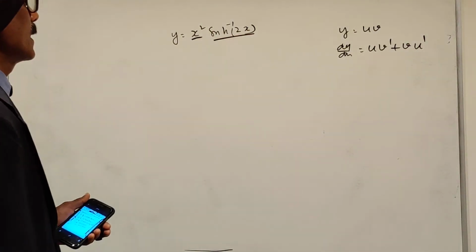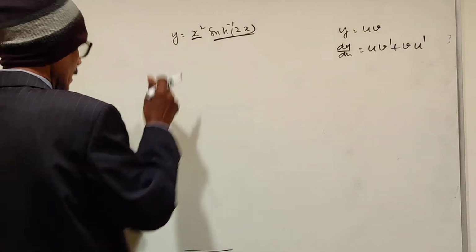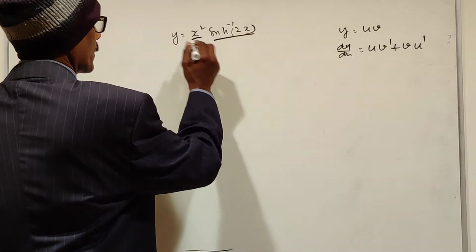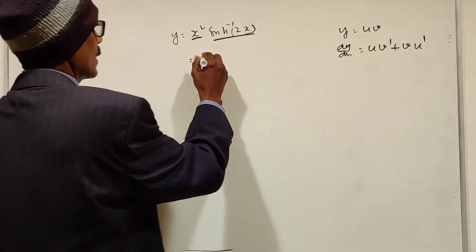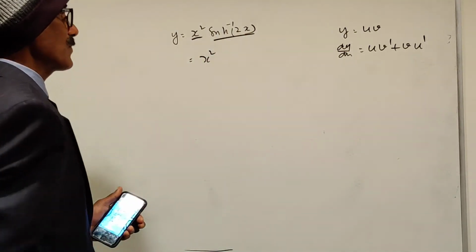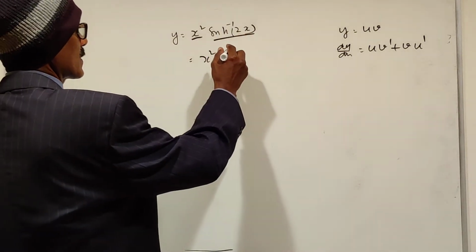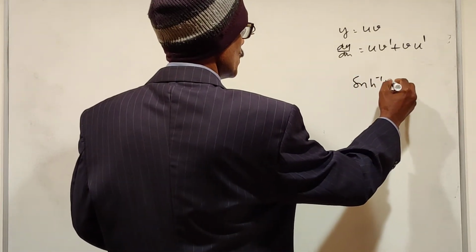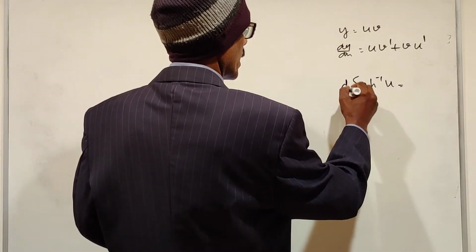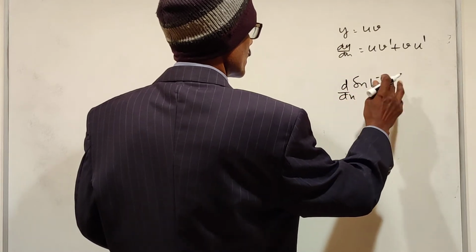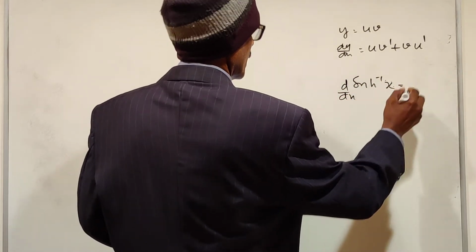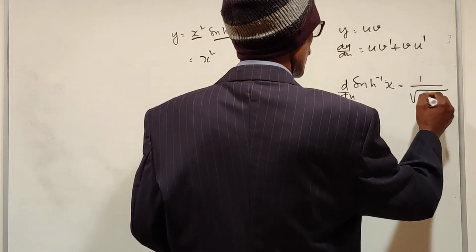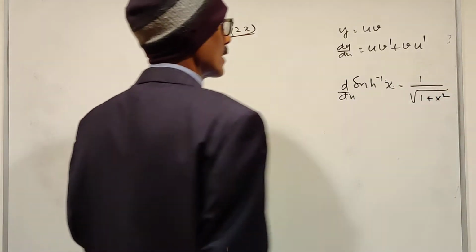Here, first function u is x square into the derivative of the second function, sin h inverse x. What is the derivative of sin h inverse x? d by dx of sin h inverse x is 1 by square root of 1 plus x square. That is the formula.